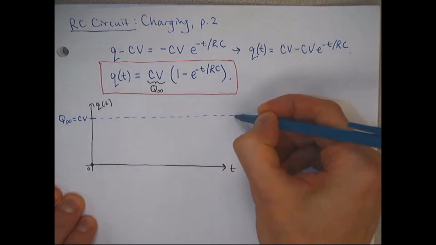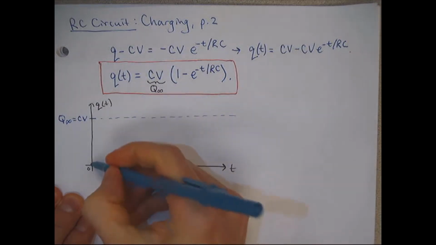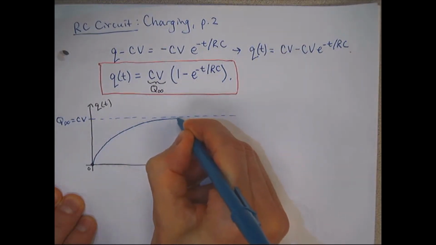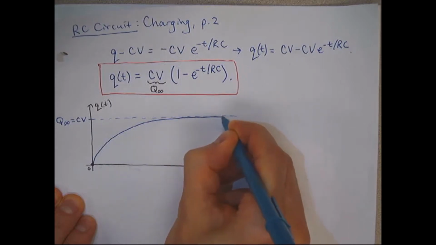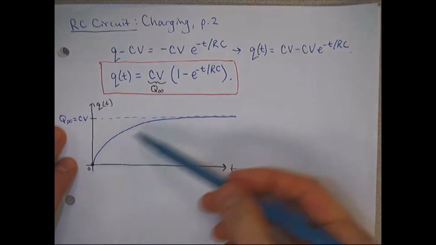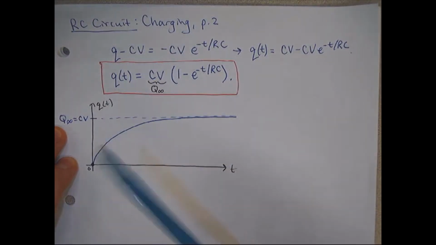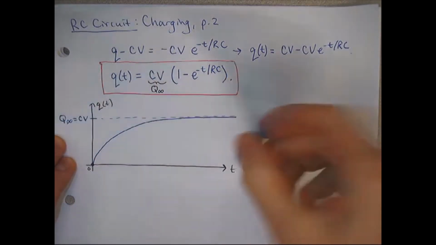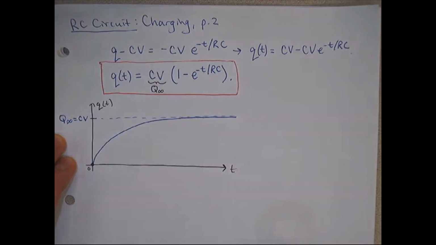How you get from here to here an infinite time later is essentially upside down exponential decay. Okay, don't call it exponential growth, which would be like this. It's a constant, CV, minus exponential decay.